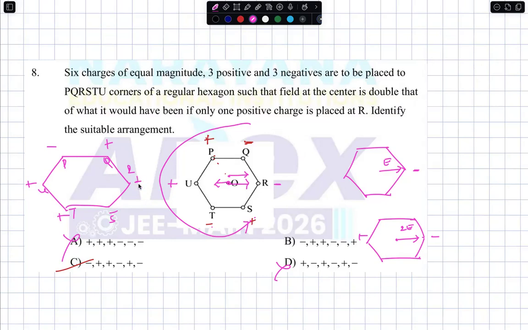No, in that case, this should be plus and this should be minus. Why, I will explain. Because the combination gives a field in this sense, and the other combination gives a field in the opposite sense. They will cancel, of course. Plus minus also, same situation you will face.